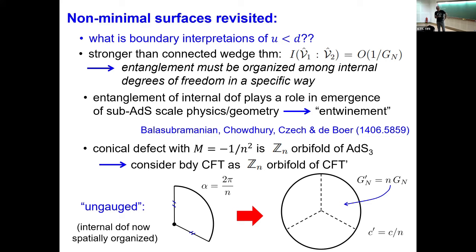So for example, the Newton's constant in this theory must be larger than I started with, and similarly the number of degrees of freedom, or the C that characterizes the number of degrees of freedom, has been divided by n. Essentially what I've done is I've taken some of these internal degrees of freedom and I've spatially organized them in the covering space here.